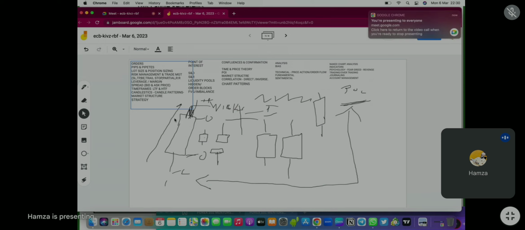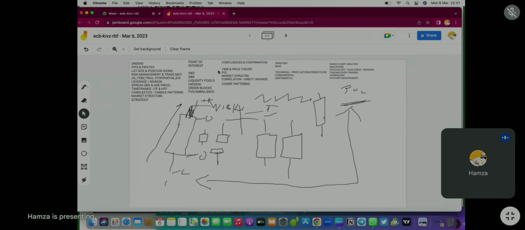10 pipettes make one pip. From one pip, we can go to 10 pips, 20 pips, 30 pips. But the pipettes need to keep changing from 1 to 10. So from one pip, the pipettes keep changing and we reach 9 pips, and then 10 pips, and then 11 pips. That's how it's going to continue.